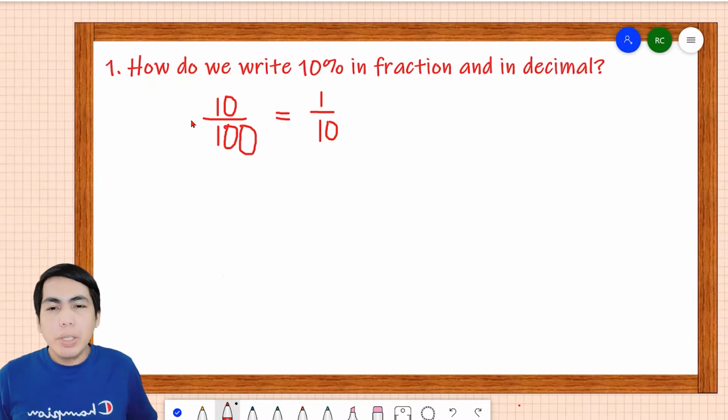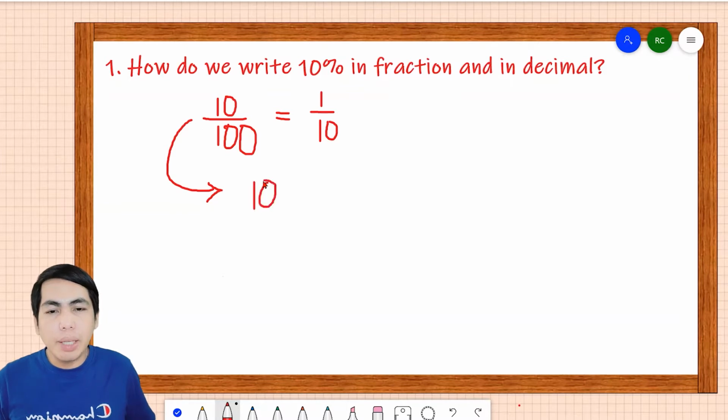Now, when we change this fraction into decimal, we just simply count the number of zeros in the denominator. Since our denominator is 100 and there are 2 zeros, we have to move the decimal point in our numerator 2 decimal places to the left.